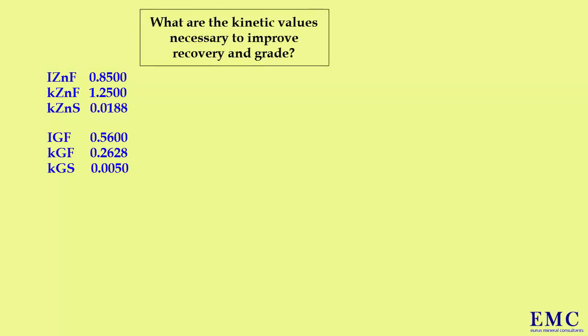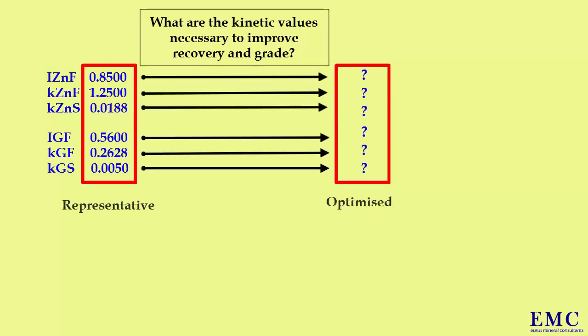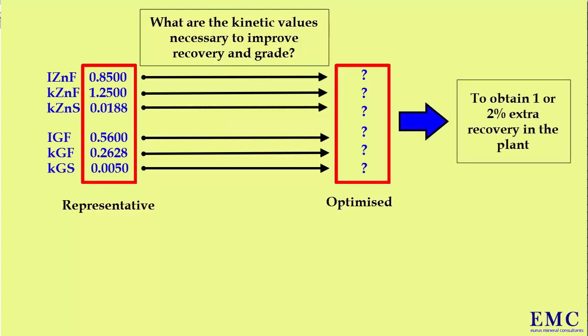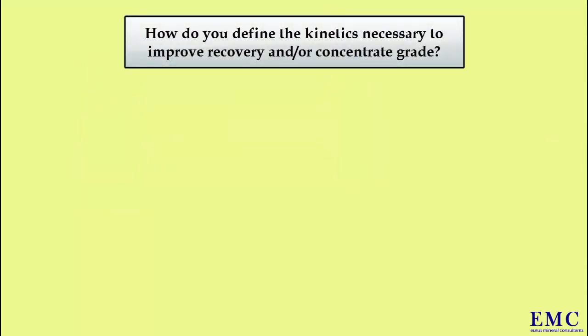Now this is a useful exercise because if you want to increase the recovery or grade in your plant, you can change the kinetics and determine what the kinetic values must be so that you get either 1 or 2% recovery extra in your plant. How do you go about defining what kinetics are required to achieve an increase in recovery and/or concentrate grade?